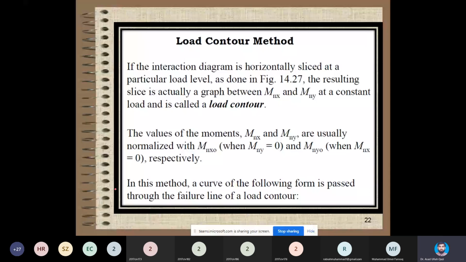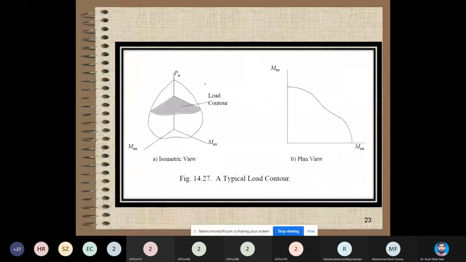It is explained as if the interaction surface is horizontally sliced at a particular load level, as is done in this figure on slide number 23, that this was the load interaction surface between load and biaxial moments at one particular load level. One slice is taken and is separately drawn here as a plan view.